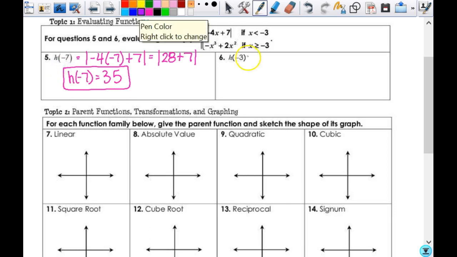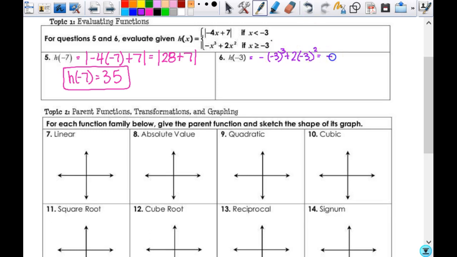All right, h of -3. Well, -3 shows up in both of these, but it's only included in this one. So I substitute in the last one. -3 cubed plus 2 times x, oops, sorry, gotta substitute that in there. x is -3 squared.